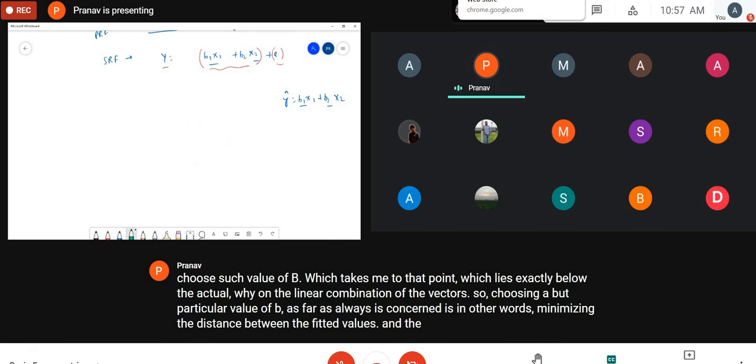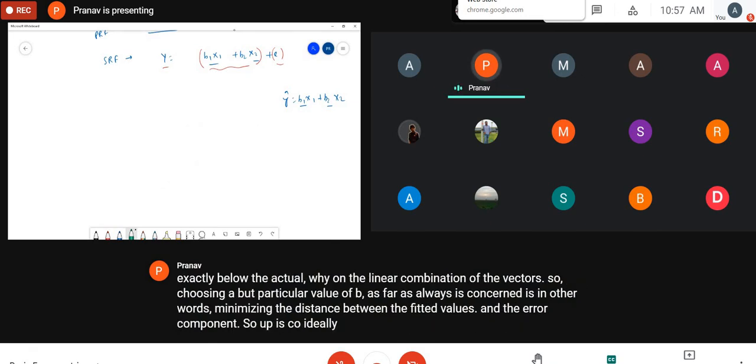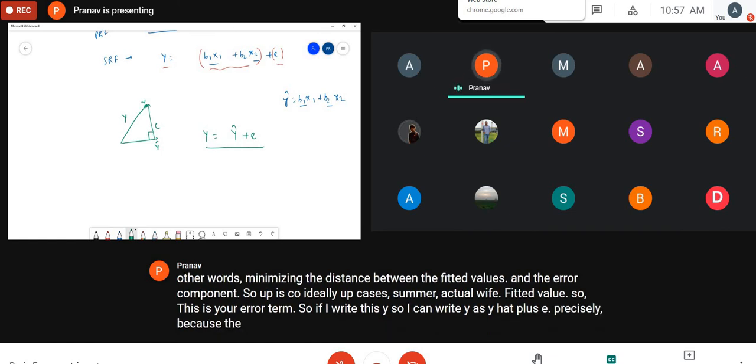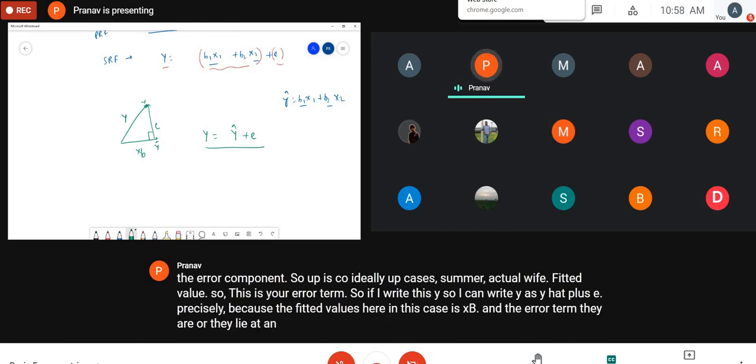So how can you ideally understand this? If this is my actual y, this is my fitted value, and this is your error term. So I can write y as y hat plus e, precisely because the fitted values here, in this case xb, and the error term lie at an angle of 90 degree with each other.